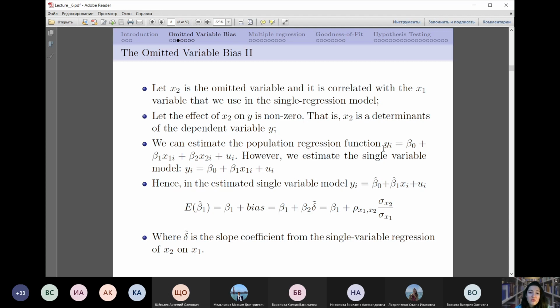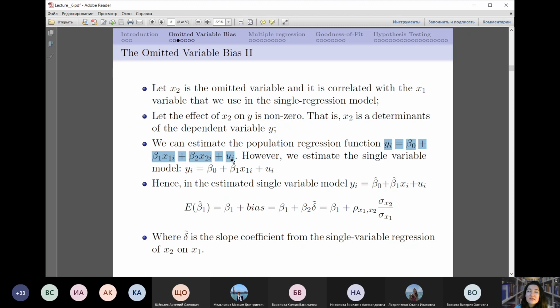So let's say that our true population regression function looks like this. You can see here I highlighted this equation. Our dependent variable y depends on two factors, let's say x1 and x2 in general notation. And also we have some error term as usual, because we couldn't include all the variables.